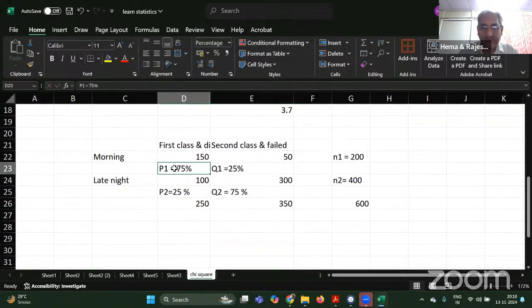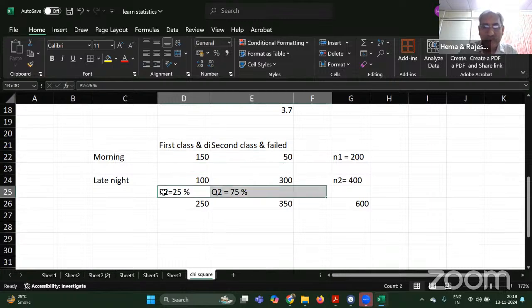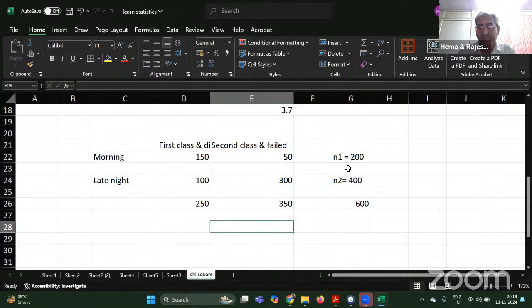So instead of percentage, we go for observed value and expected value.